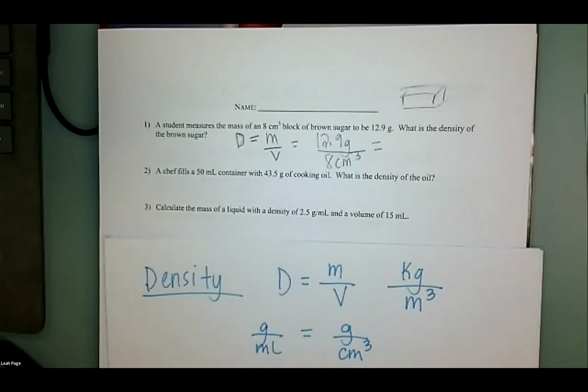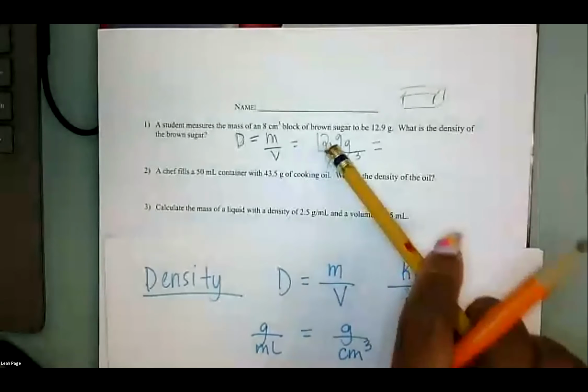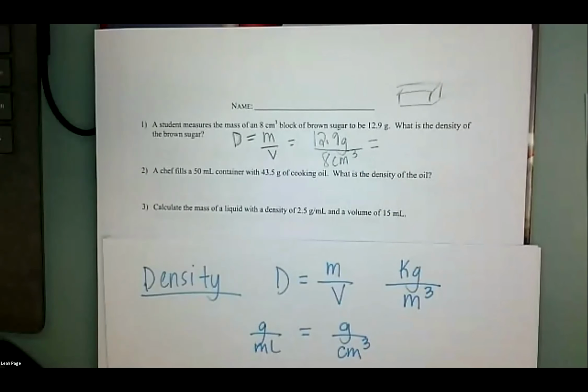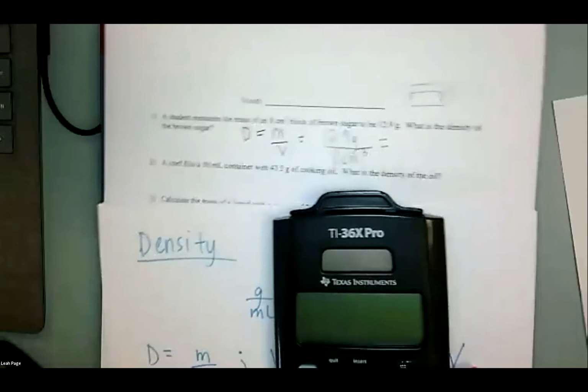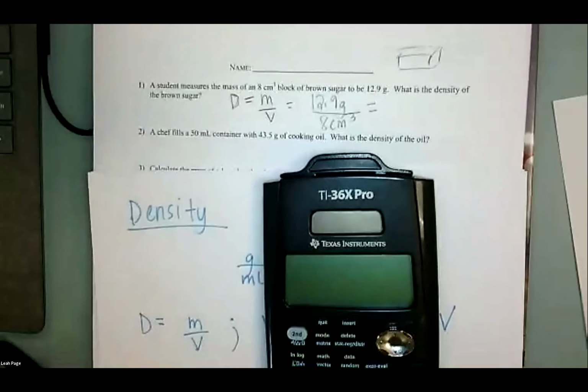The least amount of sig figs in this case is 1: 12.9 has 3 and 8 has 1. So the least amount of sig figs is 1 sig fig. If we put this in our calculator, we're going to say 12.9 divided by 8.